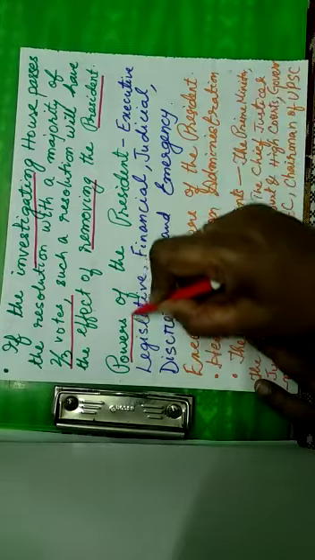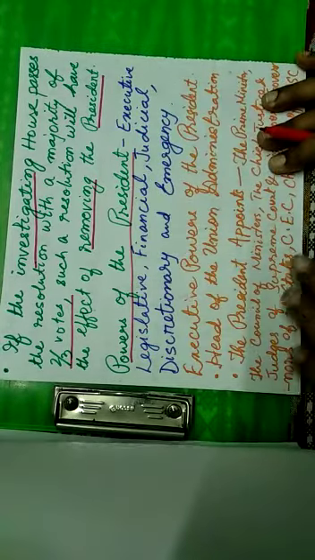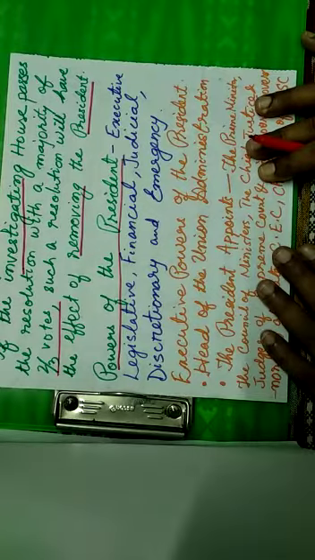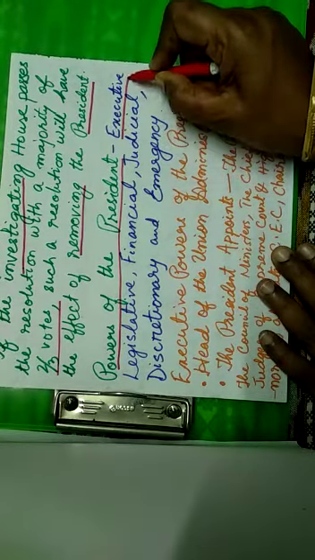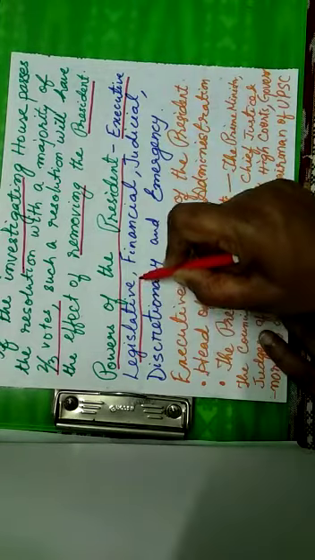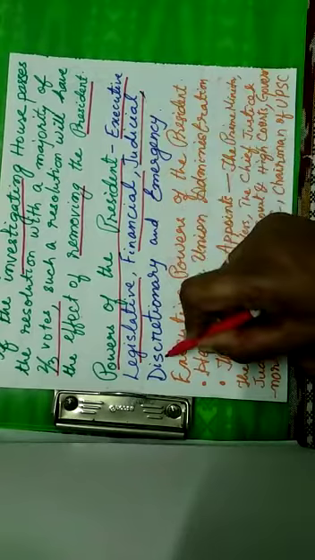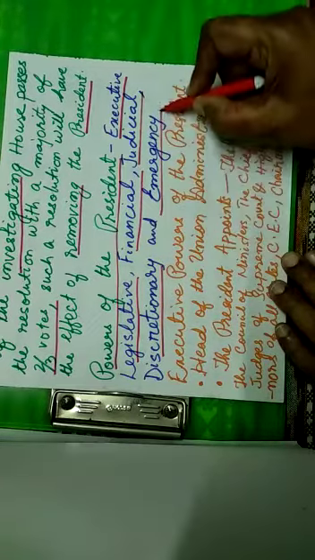Next, we shall learn about different powers of the president. The President of India has a large category of powers. They are categorized as the executive power, the legislative powers, the financial power, the judicial power, the discretionary power, and the emergency power.